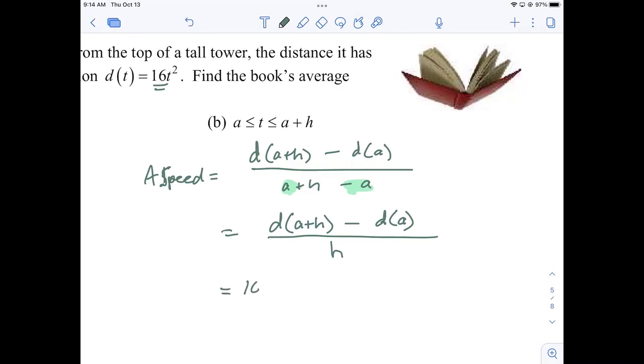So this becomes 16 times a plus h quantity squared, minus d of a, that's just going to be 16a squared. I'm plugging in an a plus h for t. So instead of 16t squared, it's 16 times a plus h squared. Now does it look like anything?